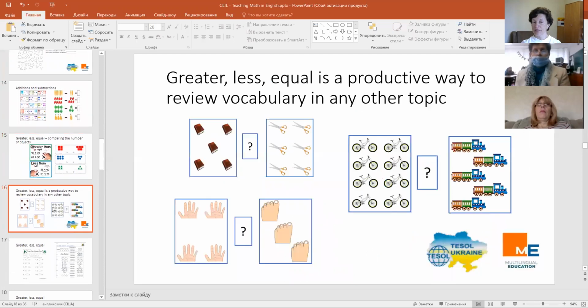And these comparisons were introduced in all topics that we were studying. As soon as you learn this math operation, it becomes a part of the routines. So every time we study a new topic, we do the same. We count, we compare, later, more, less, greater. So we do it all the time.